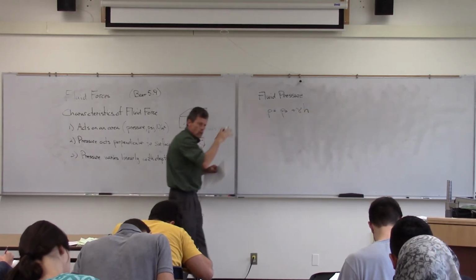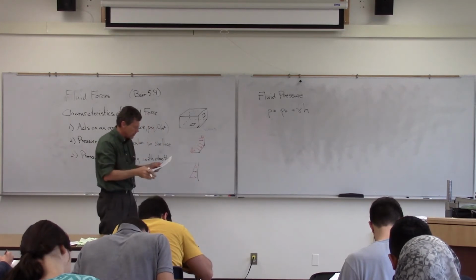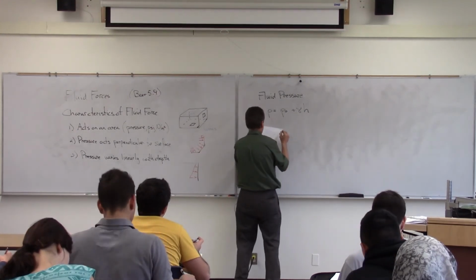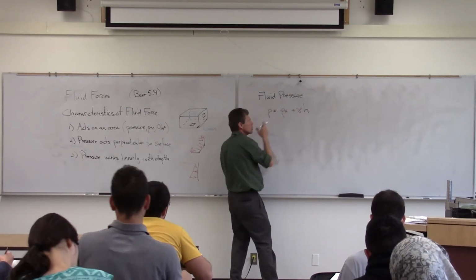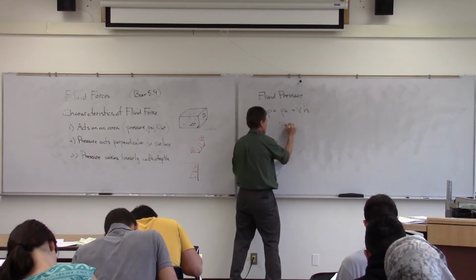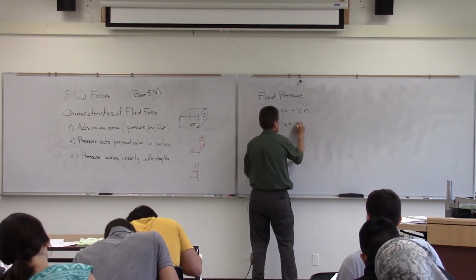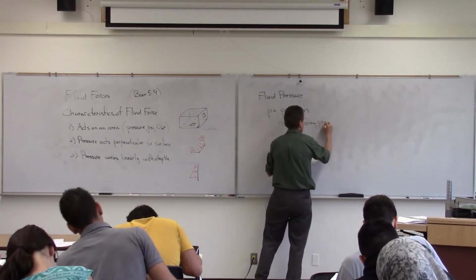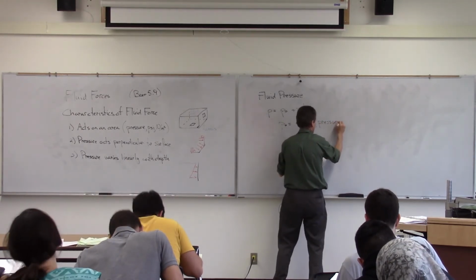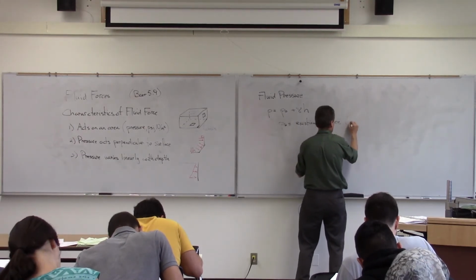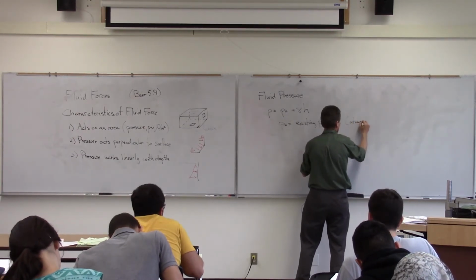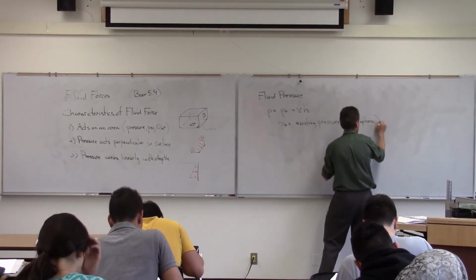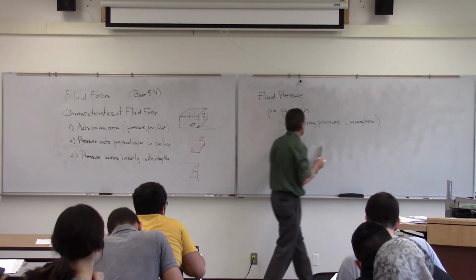And the expression for that change in depth, basically, is going to be this equation here. So the pressure is going to change with this equation, P naught is the existing pressure.